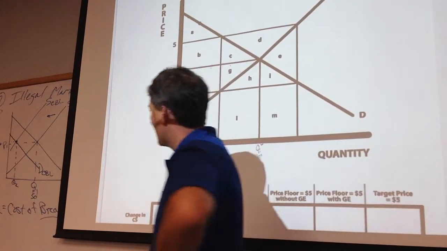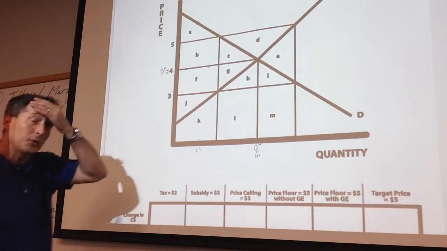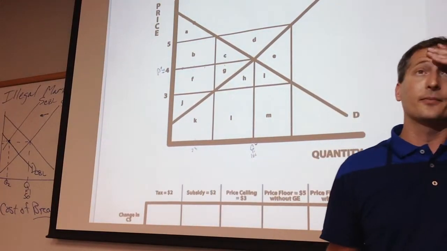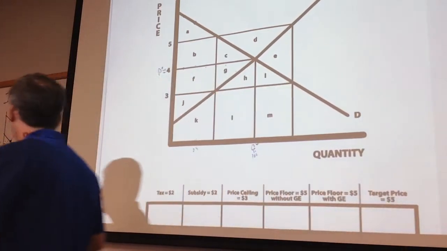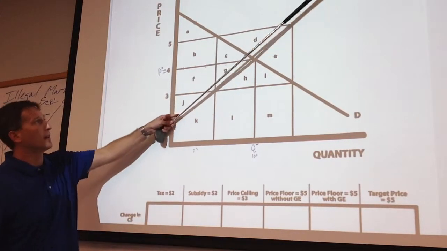There are 2 techniques to showing the tax. One we did the very first time, where I did a shift of the supply curve, and I drew the fake supply curve and the real supply curve.